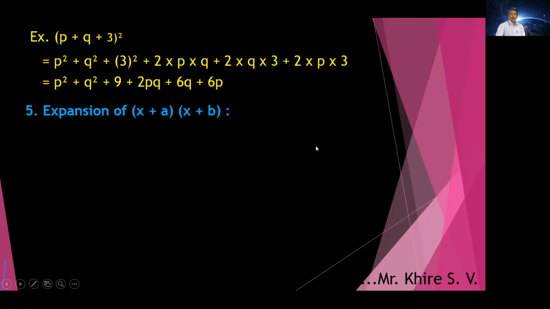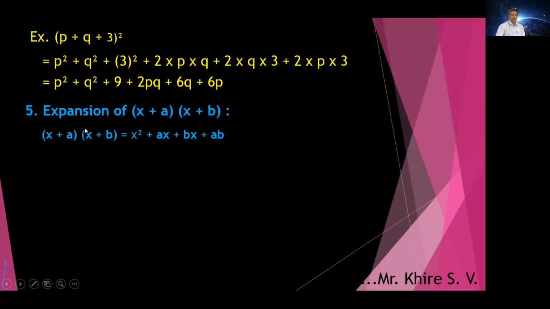Now the next identity is the expansion of x plus a into x plus b. Multiplication of these two brackets, x plus a into x plus b, is equal to x square plus ax plus bx plus ab.